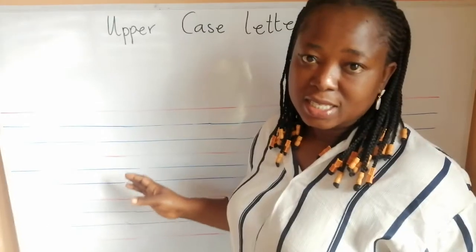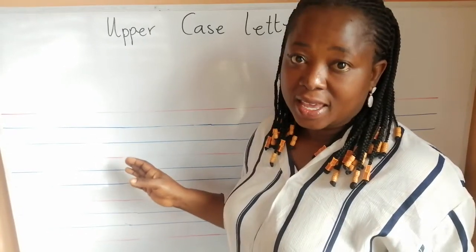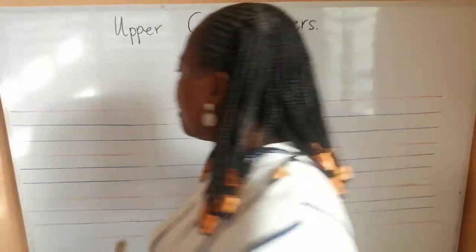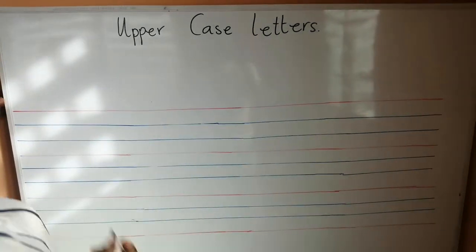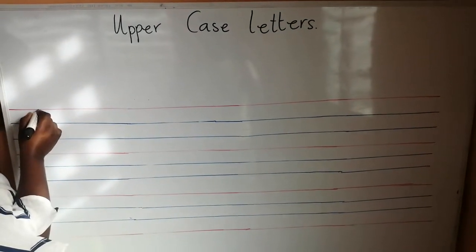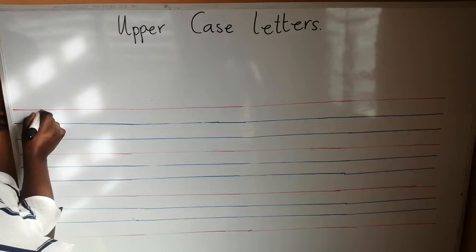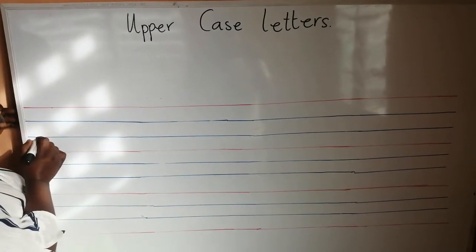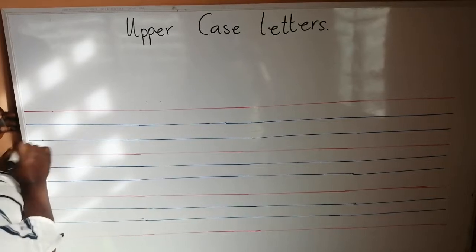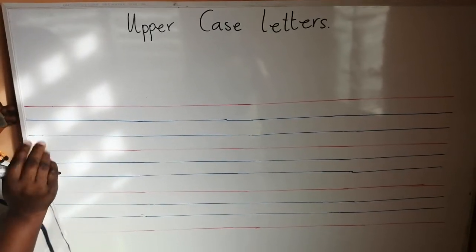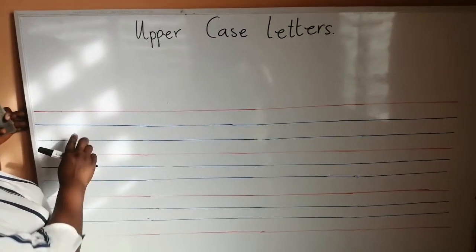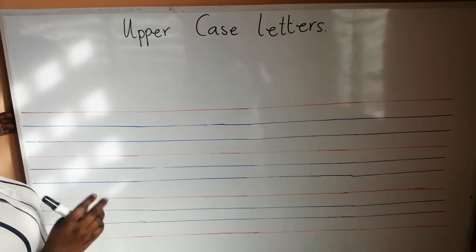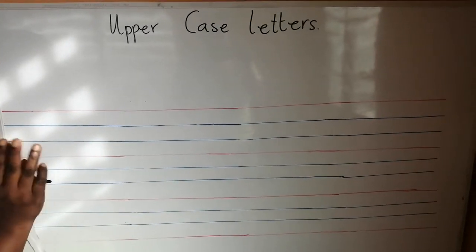So for instance, I want to write A. I'm going to start from the very first line to the second blue line. All the letters use 3 of the lines. The uppercase letters use 3 of the lines.